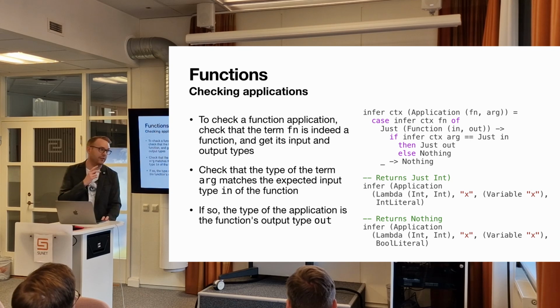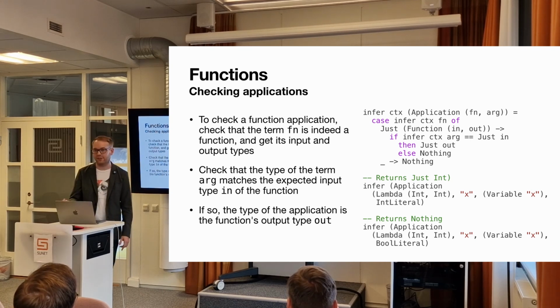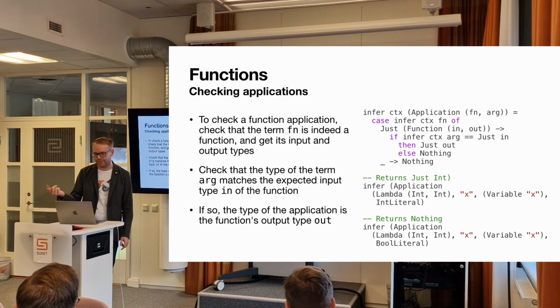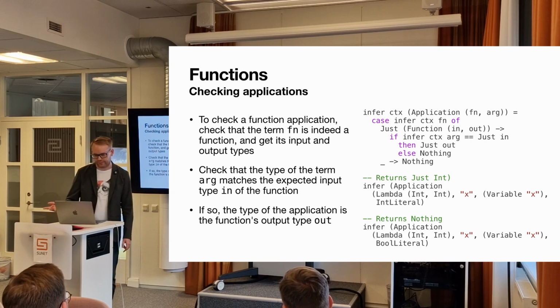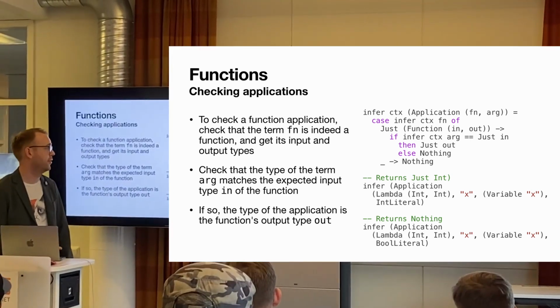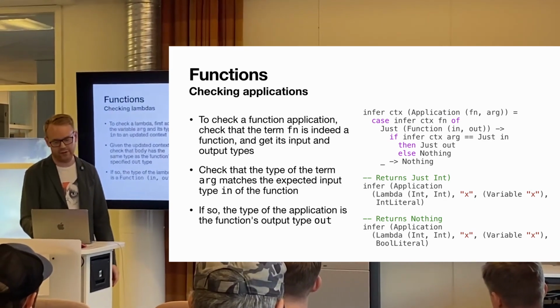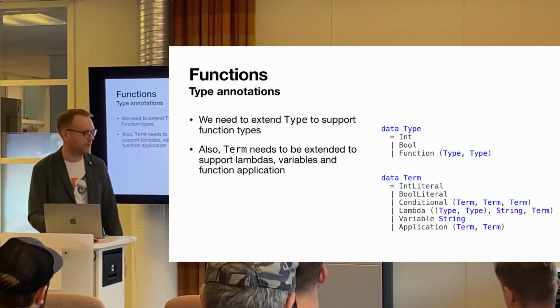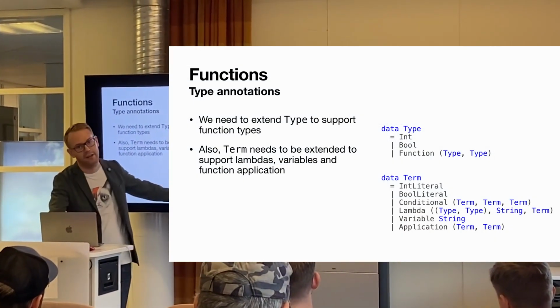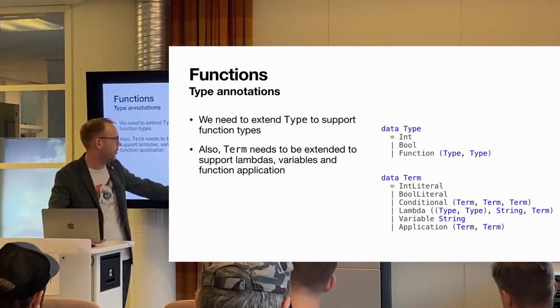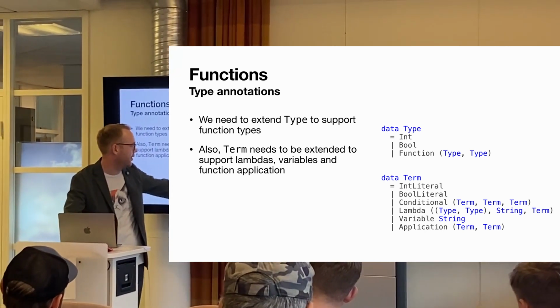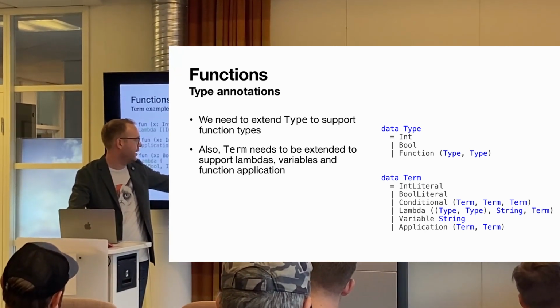The one thing we have left is function application, as in running a function. The first thing we need to do is, as you remember, let's just jump back and remind ourselves what it looked like. Function application is a term that has two terms inside it, basically.